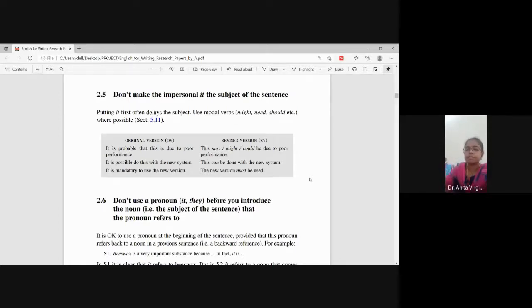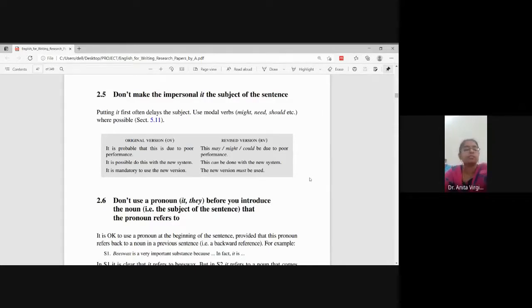Instead of "it", they are asking us to use modal verbs like might, need, should, may, wherever possible. Let's see the revised version. The same sentence, "It is probable that this is due to poor performance," can be rewritten as "This may be due to poor performance," or you can use "might" or "could be due to poor performance."